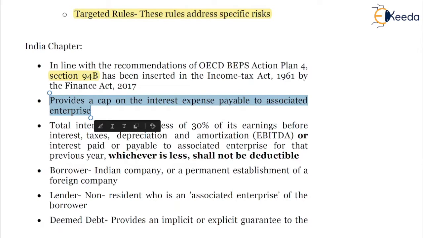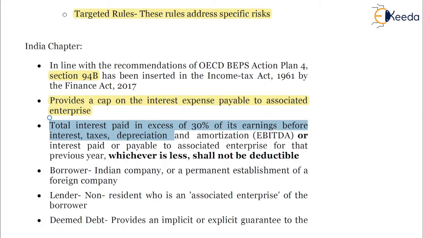So there is a cap on the interest expense payable to the associated enterprise. Total interest paid in excess of 30% of its earnings before interest, taxes, depreciation and amortization (EBITDA), or interest paid or payable to such associated enterprise for that previous year, whichever is less, shall not be deductible.